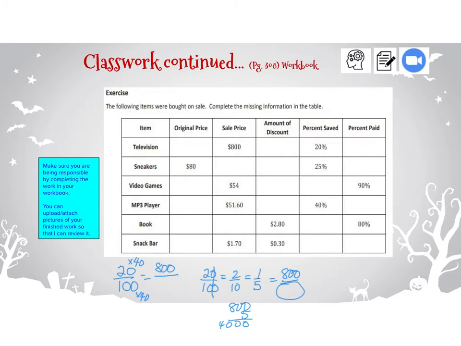I know that if the percent saved is 20, then the percent that I paid is 80%. So maybe I'm using the wrong percent. Let me look over here. If I am saving 25%, I know that I'm paying 75%. If I am paying 90%, I know that I'm saving 10%, so that's not very much. If I saved 40%, that means I paid 60%.